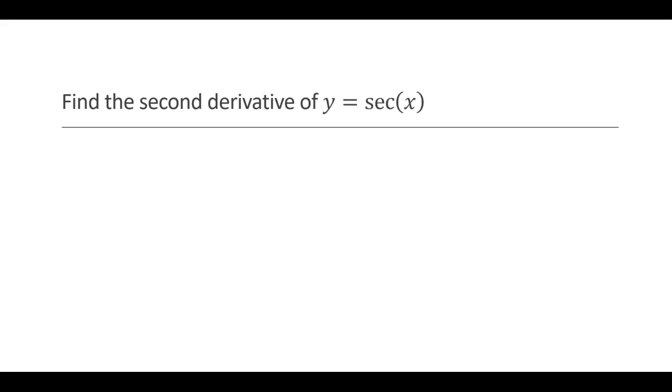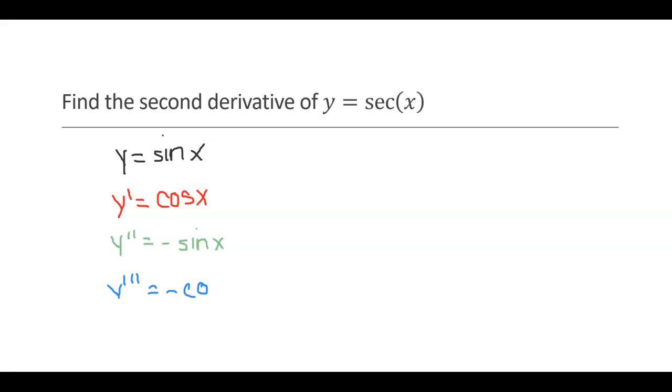So if we started with just sine x, the derivative of sine x is cosine x. The derivative of cosine is negative sine. The derivative of negative sine is negative cosine.